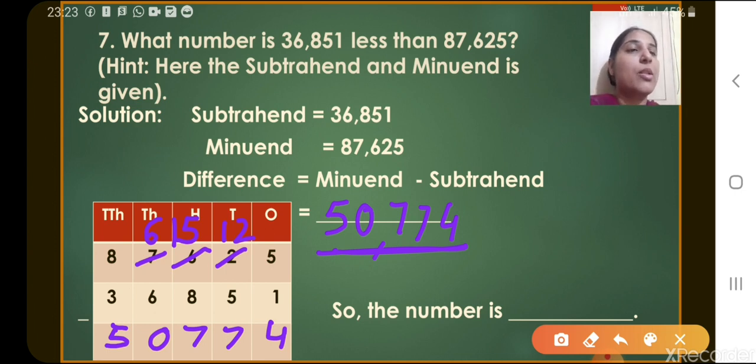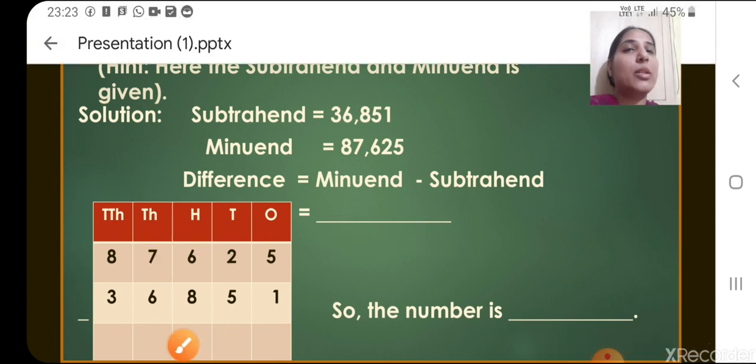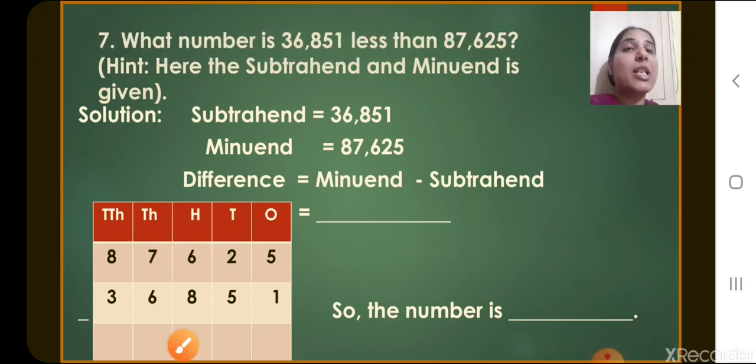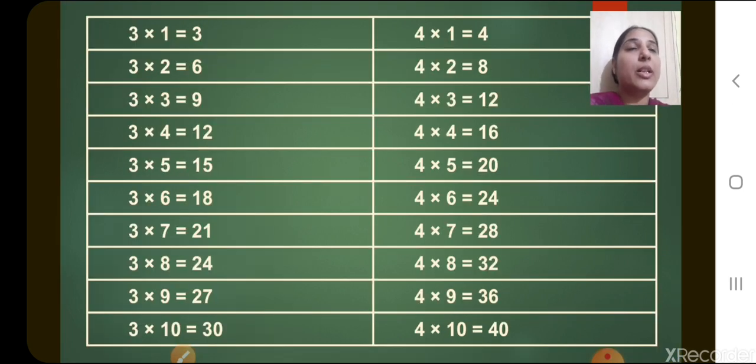Okay. So let's move to the tables now. In this way only you will solve the other questions from the textbook and you will practice for them. Okay. So now let's move to the tables.